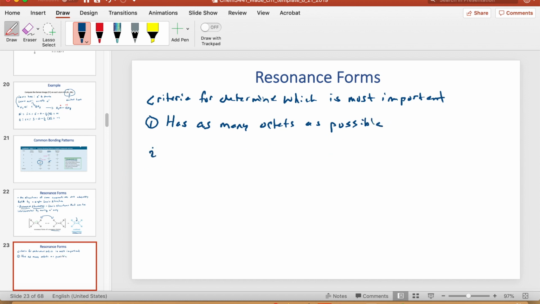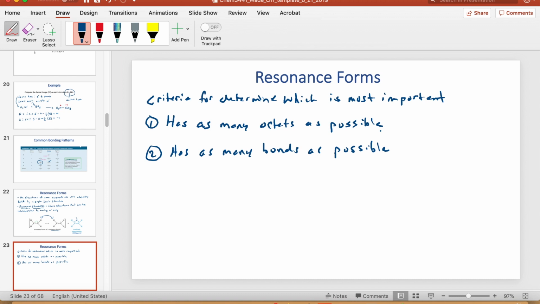The second bit is that this important structure has as many bonds as possible. And that kind of goes with the first one, because if you're missing a bond, then somebody's probably missing an octet, right?